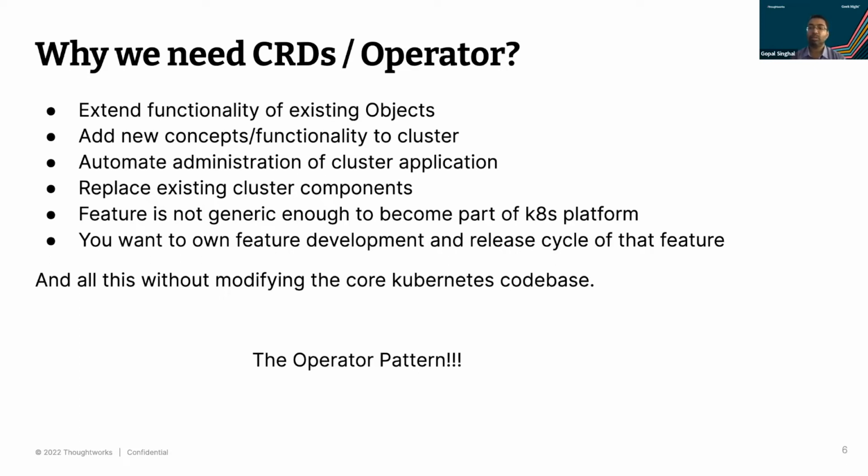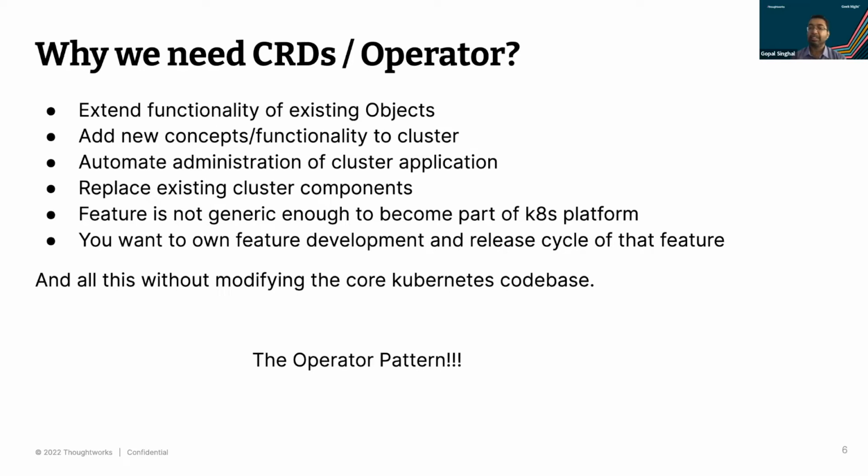We may need to do some backups, restore some configuration of applications running in the cluster like databases, or some other clusters that require synchronization, reshuffling of data from one worker node to another node, handling failovers. These are a few scenarios where we struggle to use native objects provided by Kubernetes and need some additional functionality to achieve these things.